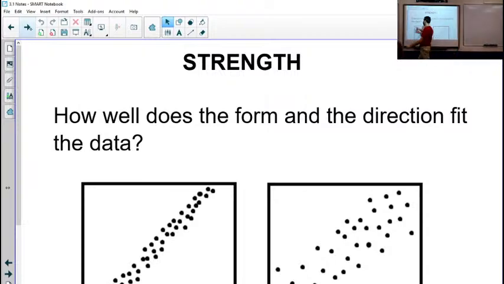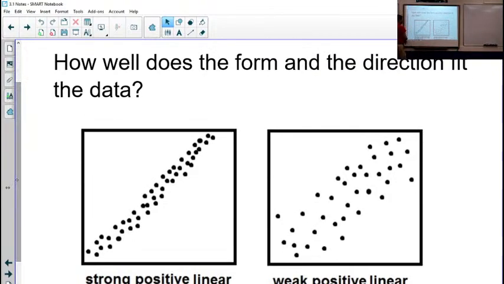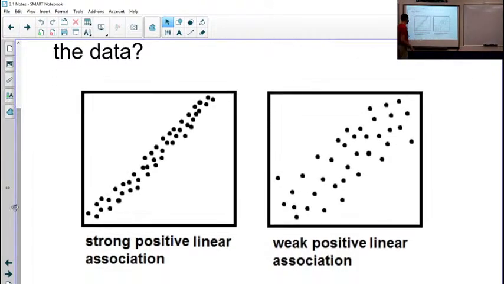And so just as an example, these are both positive associations, as one's going up, the other's going up. And these are both, I would say, linear associations. We would use a straight line to fit the data. But one of these has a stronger association than the other.